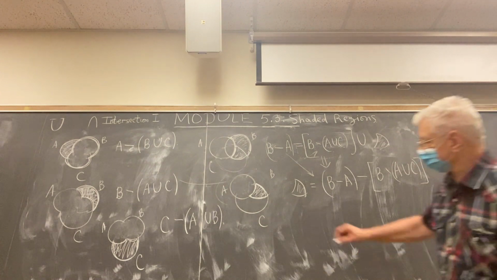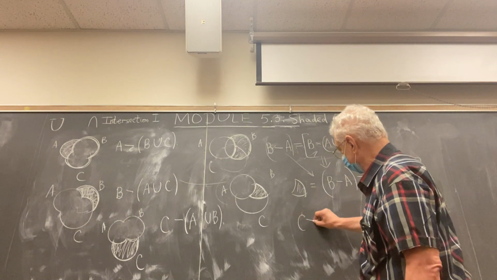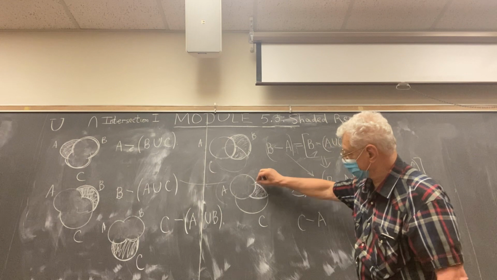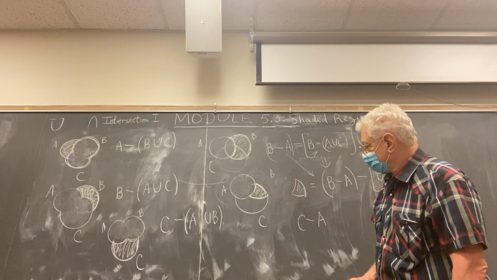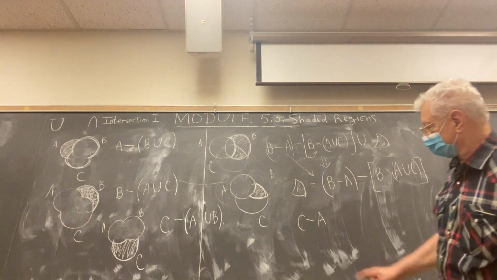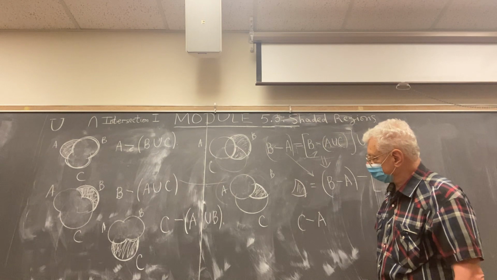B is in here actually. If I take C minus A, I'll get the whole part, right? Yeah, so you're right. So I have to subtract this part as well, which is too complicated.